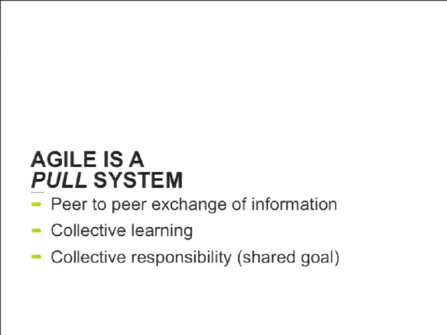So it's also about collective learning, so you learn in the process, and collective responsibility. So you have a shared goal. You want to build the next increment of software. That's your goal. And you know that you have to get there together. And the whole team is responsible for achieving that goal.